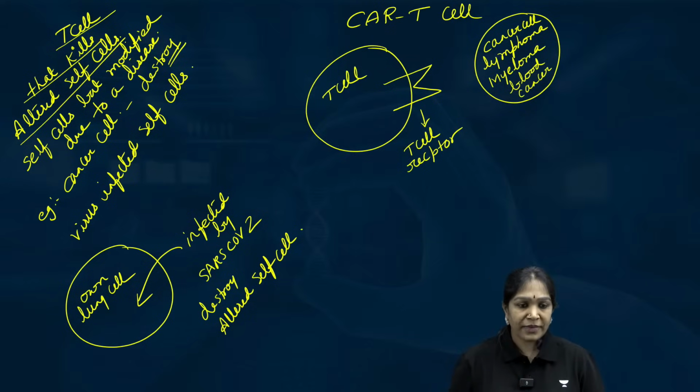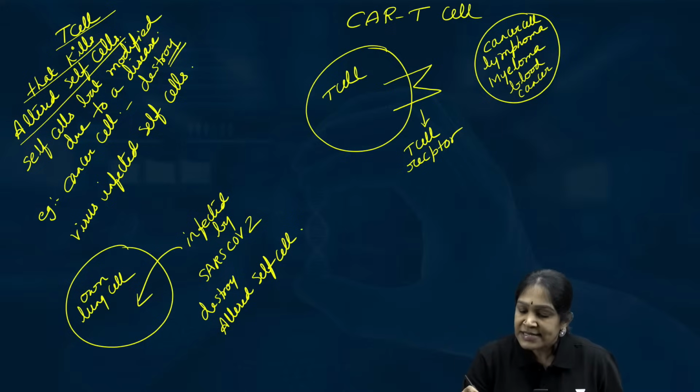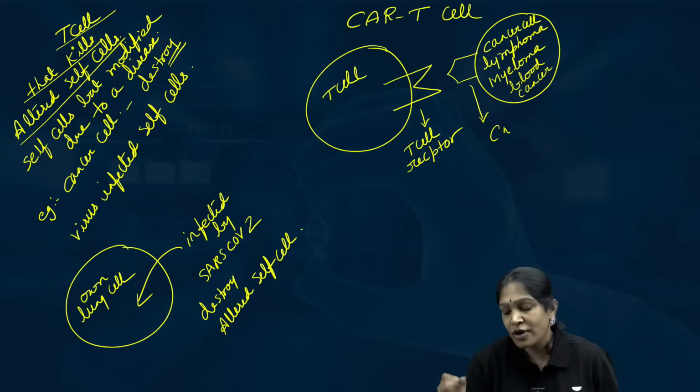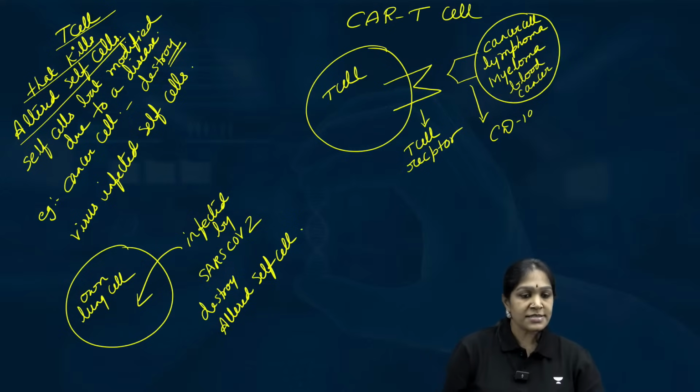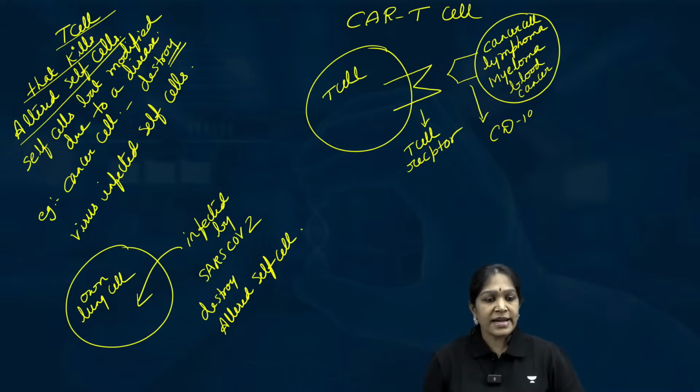Is it clear? Very good. Okay. Then, on its surface, there is something called as CD19. Tell me, what is there on this lymphoma cell? CD19.